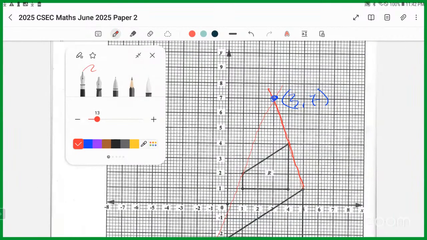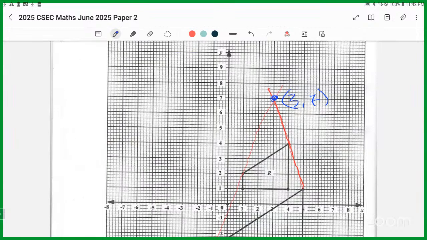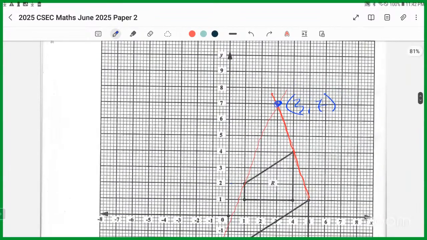Let's do it in blue. All right. Let's say we're moving this point, or maybe this point. 4 to the left, 5 up. So let's check that grid. This is 1 unit horizontal, that's 1 unit vertical. So 4 to the left: 1, 2, 3, 4 to the left, 5 up: 1, 2, 3, 4, 5.